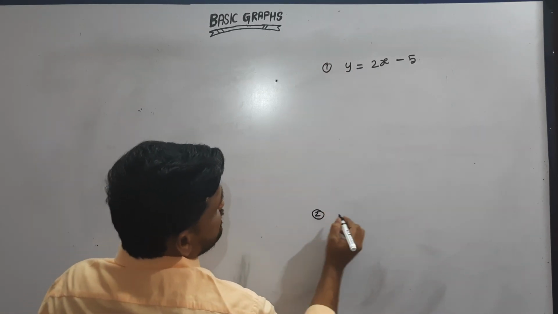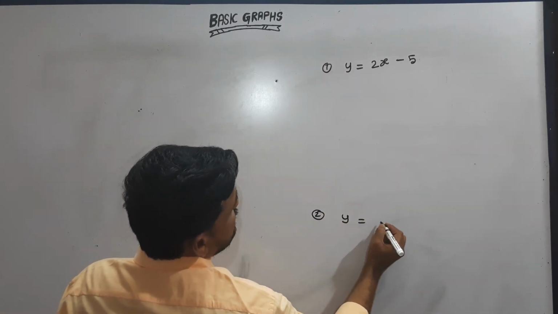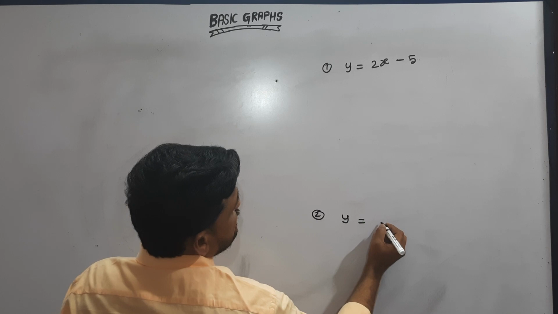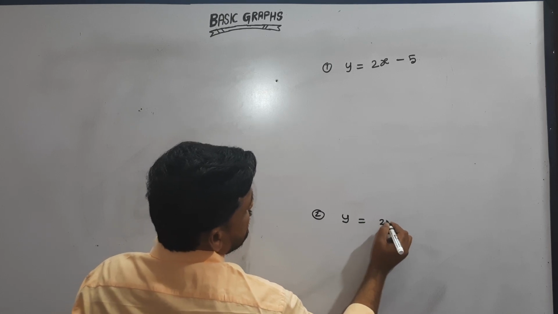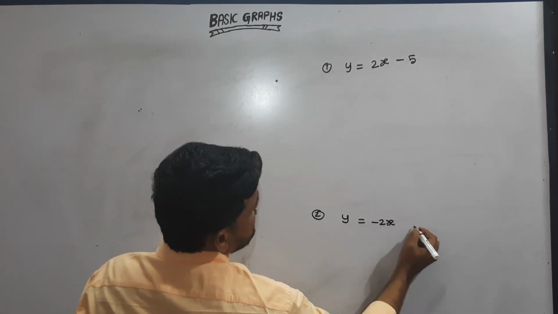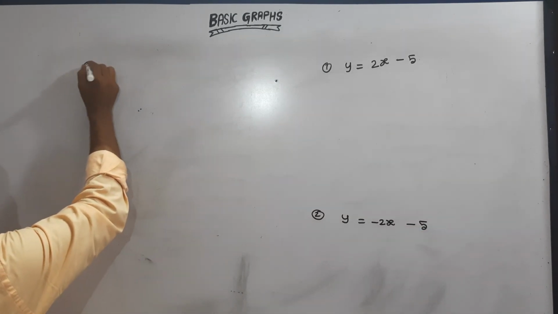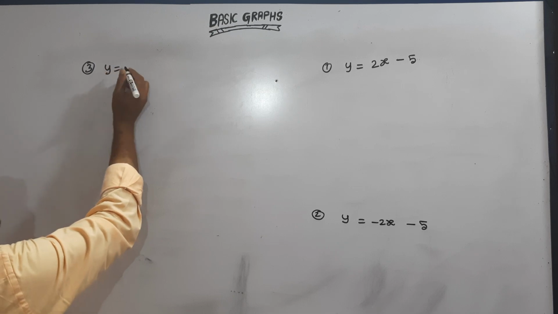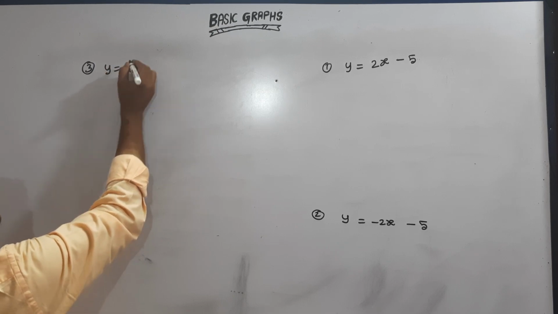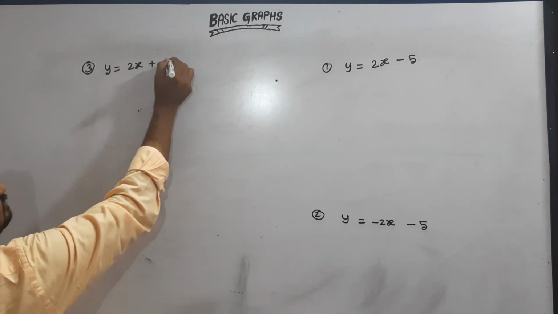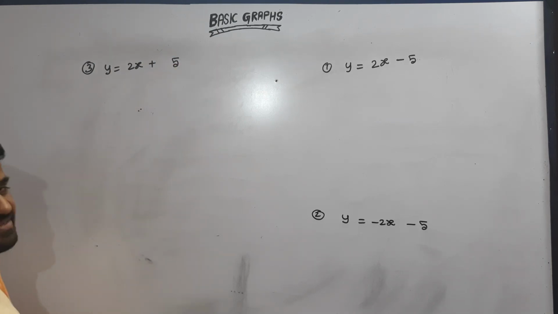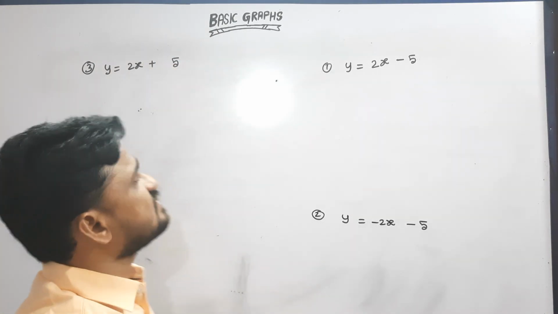The second one is y equal to minus 2x minus 5. The third graph is y equal to 2x plus 5. Right, let's draw graphs for these.